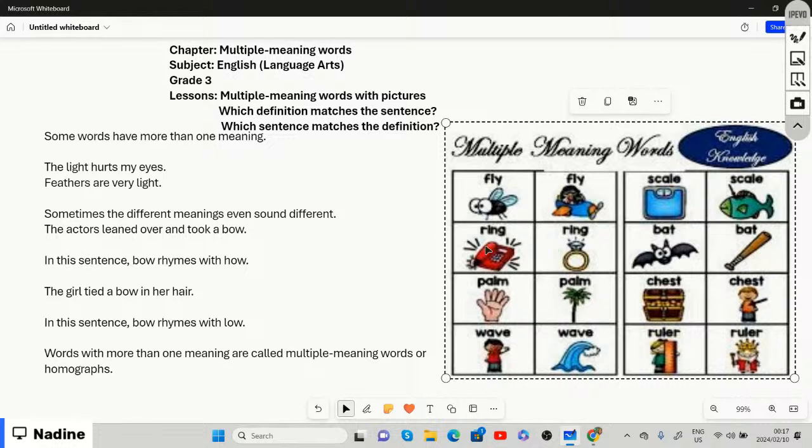Then we have ring. The first ring is like a telephone or a cell phone ringing, like when somebody calls you on the phone. And then another ring is usually given to somebody when you're about to get married or a proposal, or as a promise ring or something.